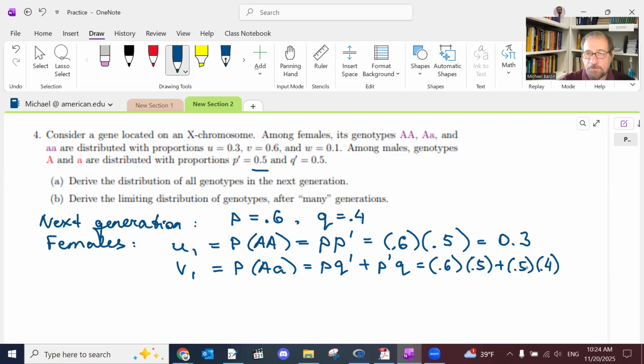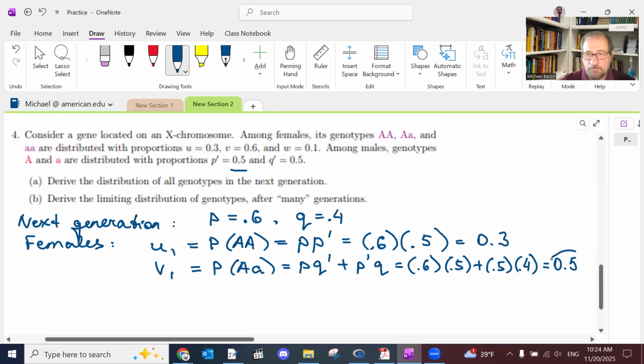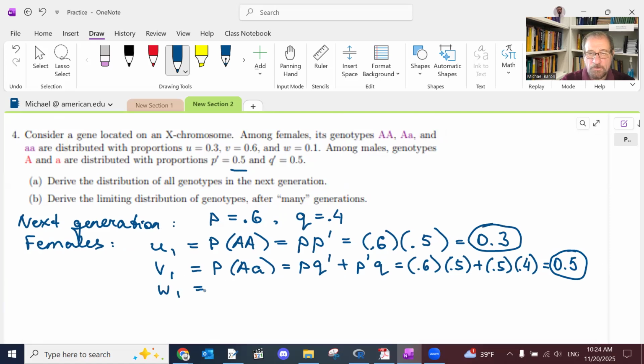So it's what? 0.3 plus 0.2 is 0.5. So 0.3, 0.5, and W1. When you have a lack of time, it's the probability that makes the total equal 1. So it must be 0.2.